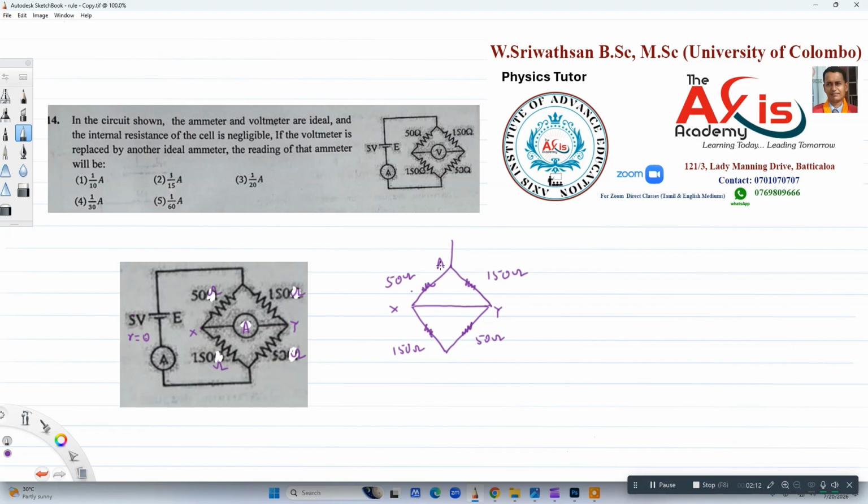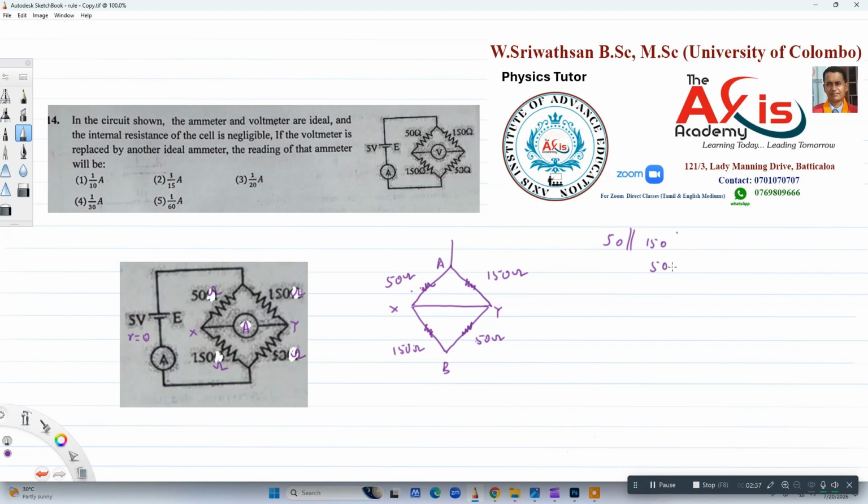Let's say this point is A and this is B. Between X and Y the potentials are the same. So this 50 and 150 are parallel. Like that, this 150 and this 50 are parallel. So we can find the equivalent resistance. If two resistances are in parallel, the equivalent resistance is multiplication over summation.